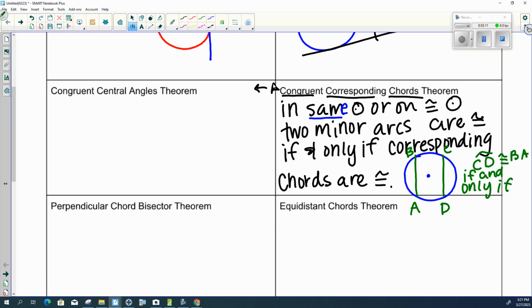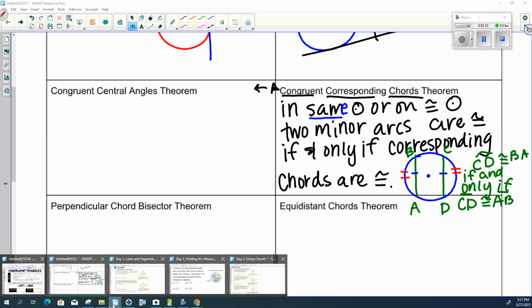So chord CD is congruent to AB. These are connected together. You're going to look at pictures and it's either going to show that those chords are congruent, and then we can conclude that the arcs are congruent, or it's going to start with the arcs are congruent and we will conclude that the chords are congruent.